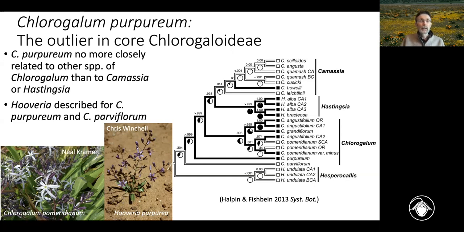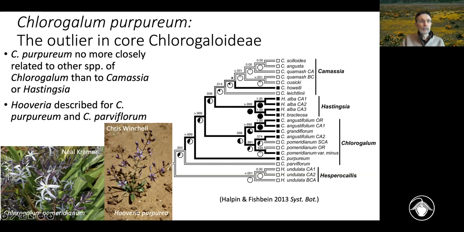And phylogenetic studies using molecular data, DNA sequence data, by Halpin and Fishbein, first showed that Chlorogalum is not monophyletic, and that in fact the night flowering species of Chlorogalum constitute a well-supported clade or monophyletic group, but they're more closely related to members of the genera Hastingsia and Camassia, the camas genus, than they are to the day flowering species of Chlorogalum.